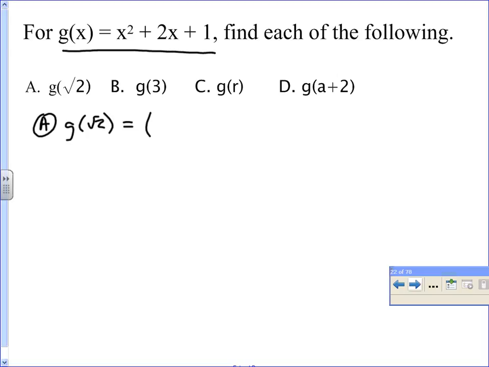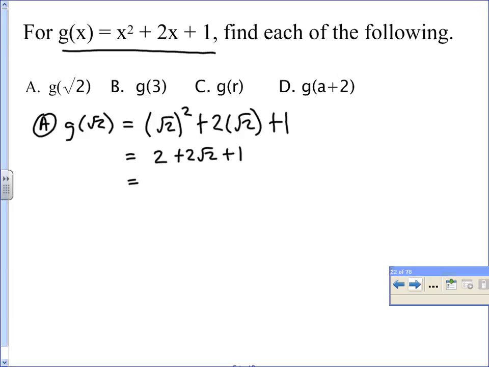So that means the x is going to be replaced with the √2 squared plus 2 √2 plus 1. And now I can just simplify this. If I square √2, I get 2. 2 times √2 is 2 √2 plus 1. And then 2 plus 1 is 3 plus 2 √2. And that's it here.